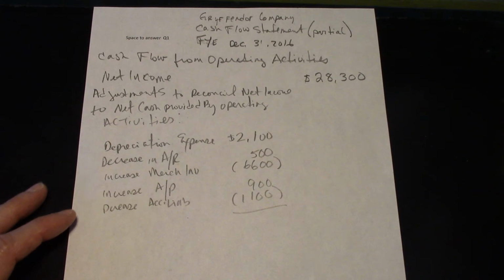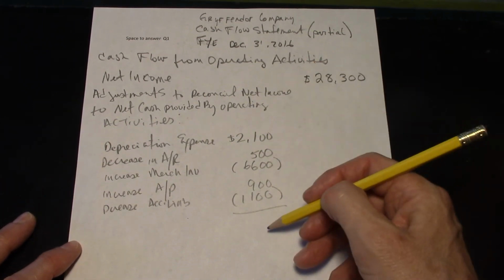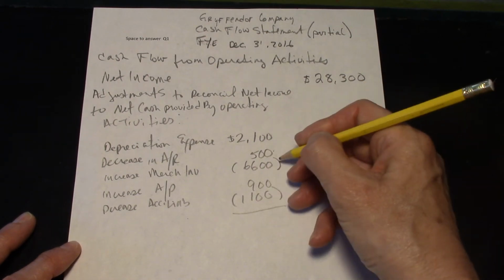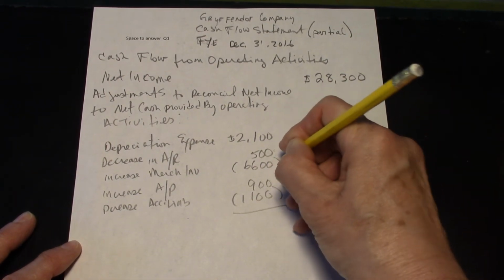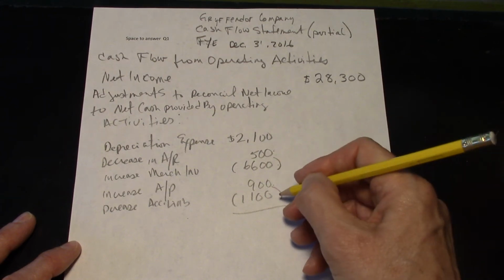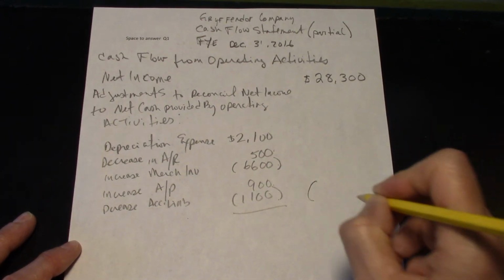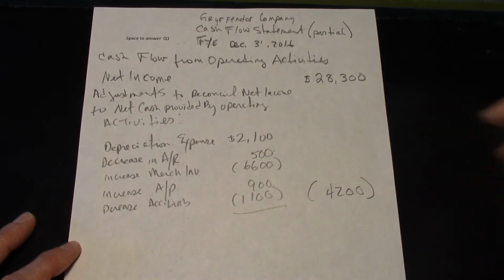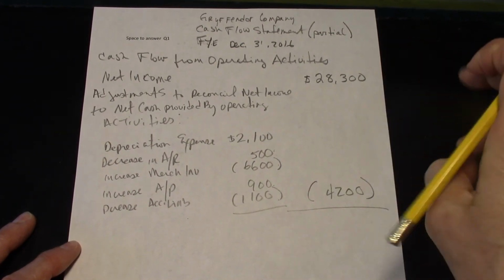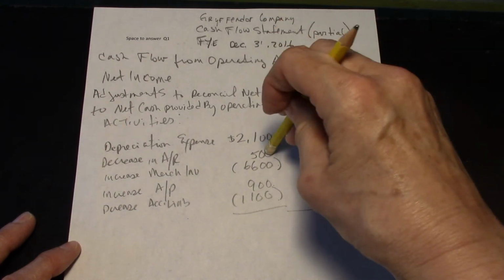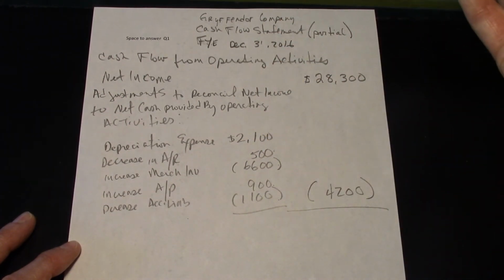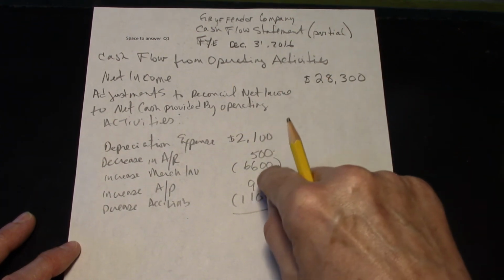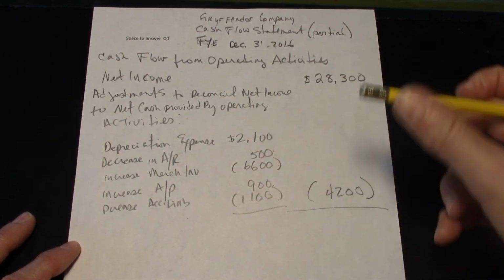All right, and so we're going to add these all up: 2,100 plus 500 minus 6,600 plus 900 minus 1,100 equals a negative 4,200. And that's a negative, right? 2,100 plus 500 is 2,600, plus 900 would be 3,500, and then the subtractions make it negative.